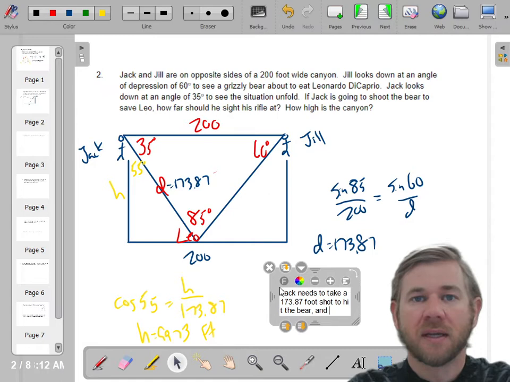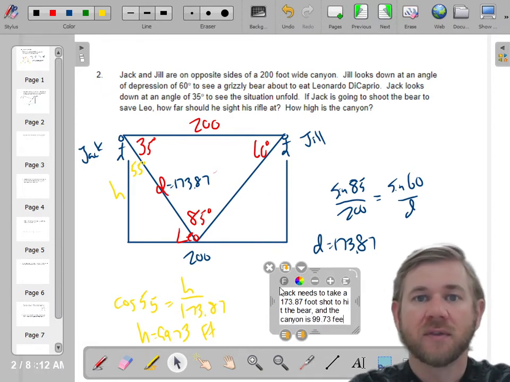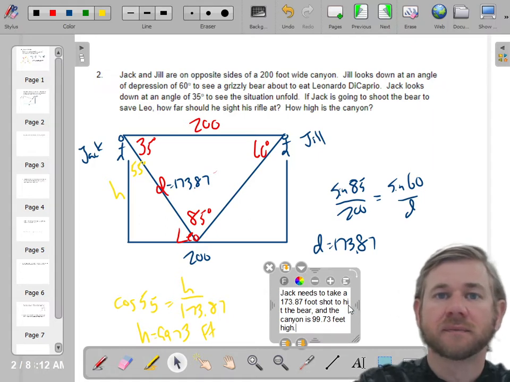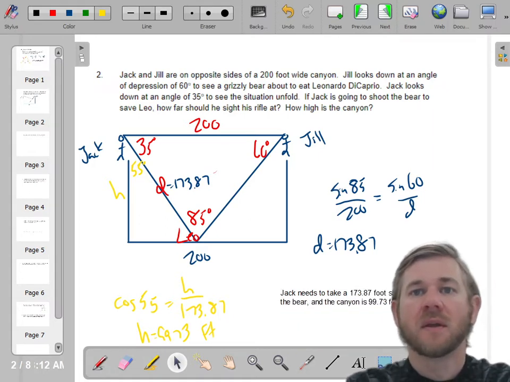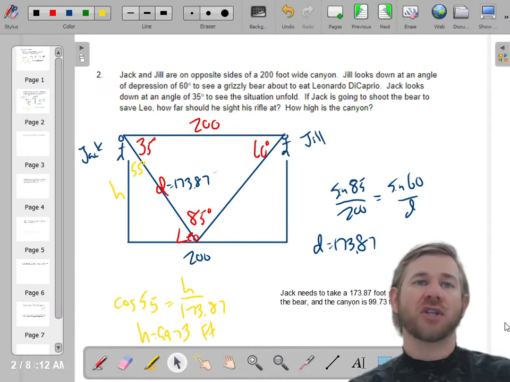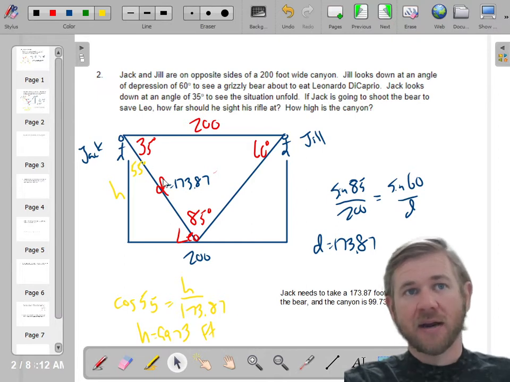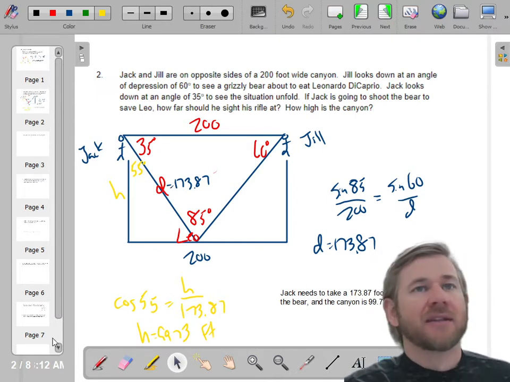And the canyon is 99.73 feet high. Okay, cool. There we go. Jack needs to take a 173 foot shot. That's this diagonal right here. And then I use right triangle trig to find the height. Cool. If you get the picture, again, not so bad.